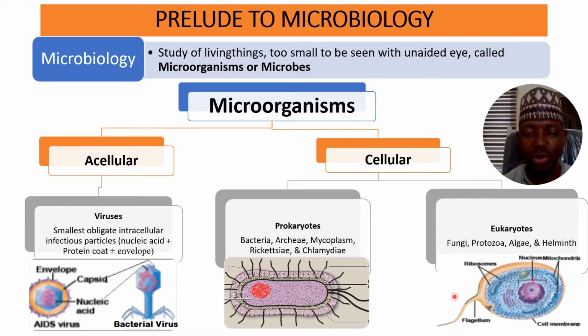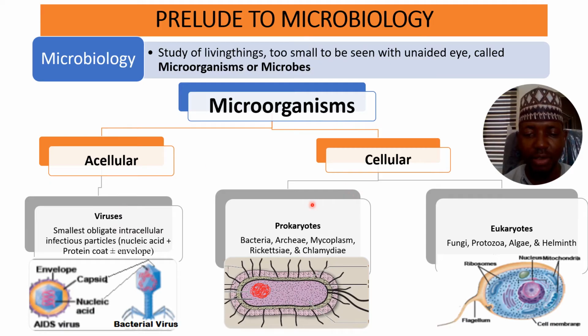In this category, we have four groups of microorganisms: fungi belonging to kingdom fungi, protozoa belonging to kingdom protista, algae, and helminths belonging to kingdom Animalia.